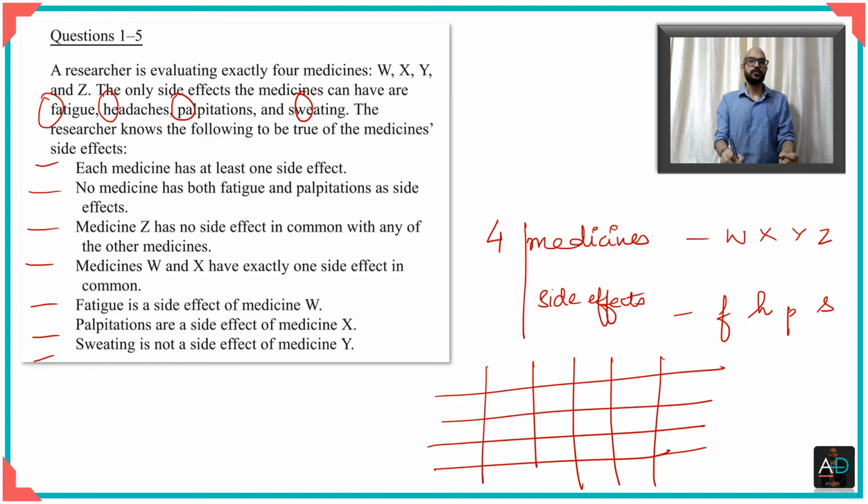Now the choice that has to be made is, do you put W, X, Y, Z here and F, H, P, S here, or do you go the other way around and put W, X, Y, Z here and F, H, P, S here, right? This is a possible question that you might have in your head.